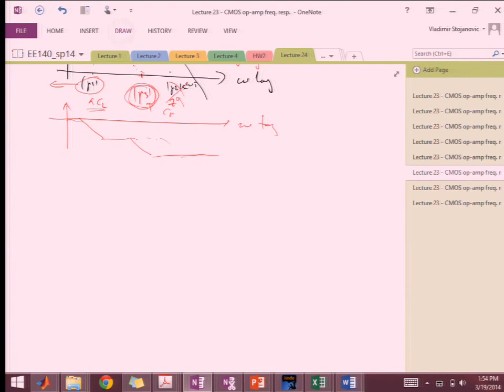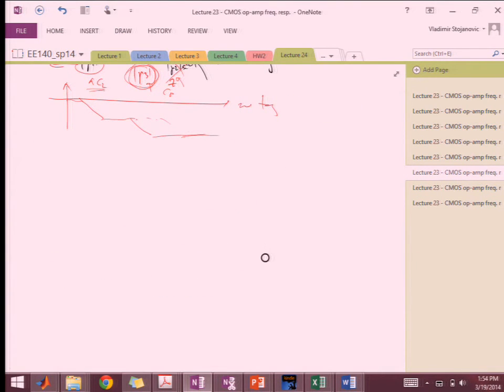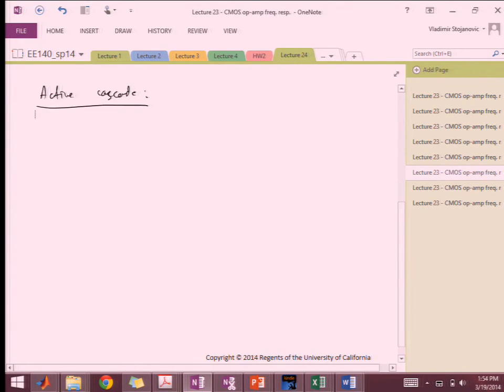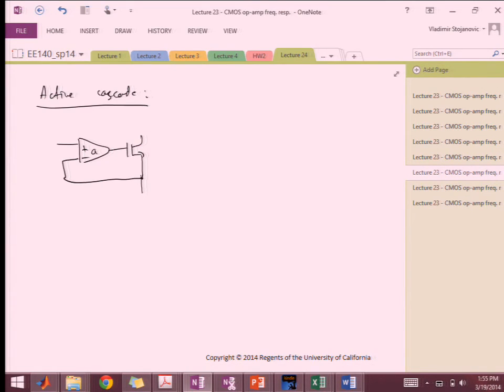So I think I drew, okay. In an active cascode, we had this situation. I'm just going to draw one little piece. Okay, but you saw that in telescopic we had like 4 guys like this. We had two A1s on each branch, and then we had 2 A2s on each branch, right?